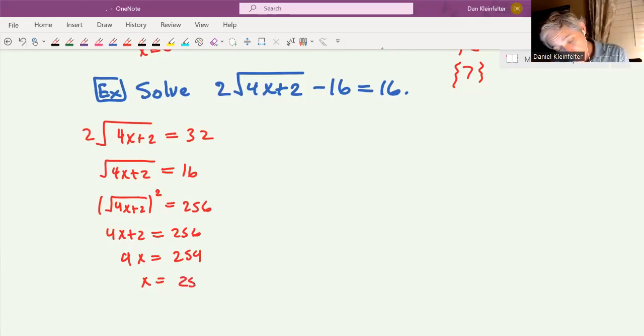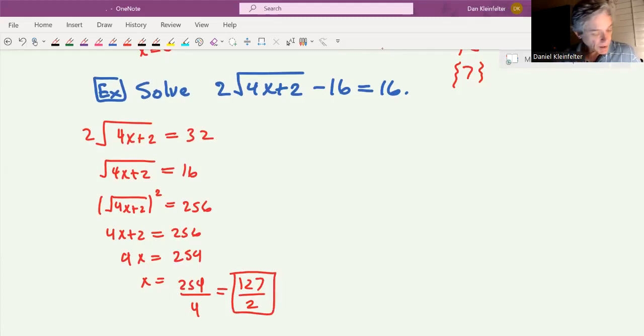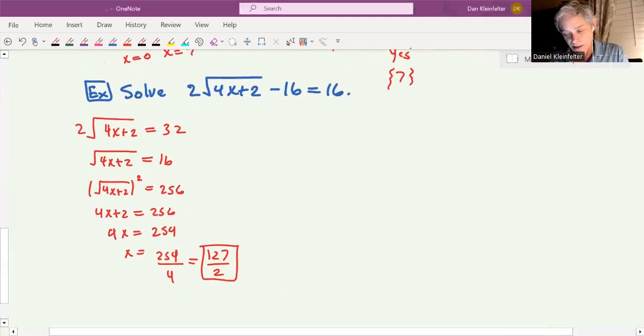So 254 divided by 4. There's 127. That's 127 divided by 2. Okay, let me just double check that. Yes, that worked out. It's just the fraction was a little weird looking compared to what we're used to.